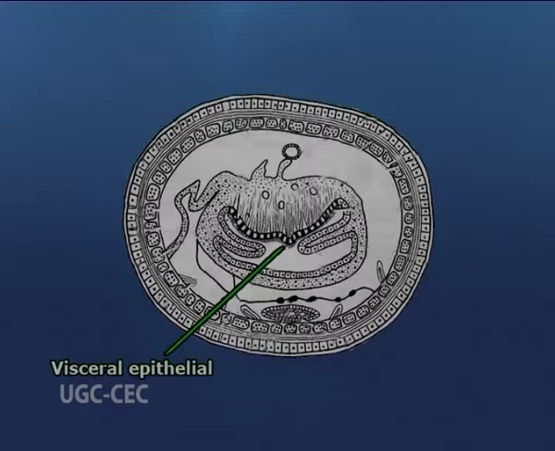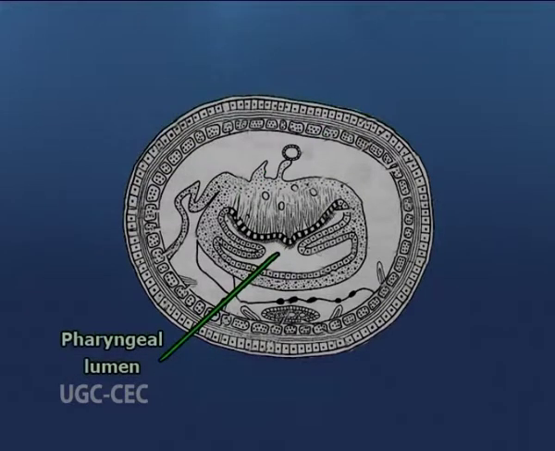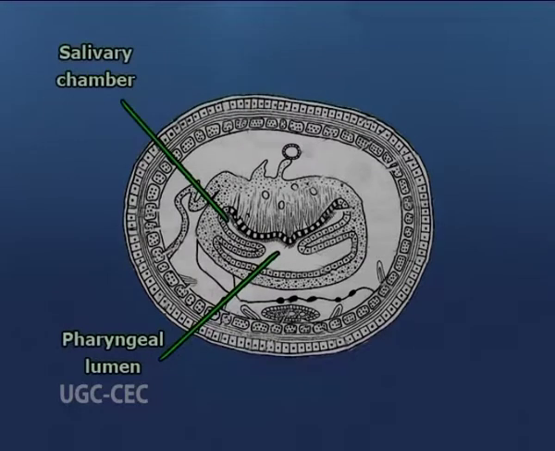Pharynx contains visceral epithelial layer, pharyngeal gland cells, musculovascular tissue and lumen of the pharynx. Lumen is divided by an incomplete horizontal shelf into upper salivary chamber and lower conducting or ventral chamber.